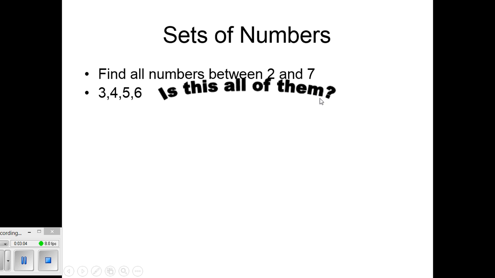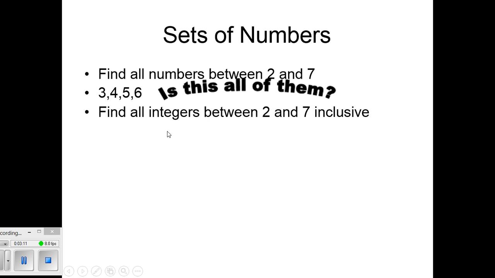Is this all of them? Well, maybe yes, maybe no. The thing is, I didn't specify what set my numbers were coming from. If I now say find all integers between 2 and 7 inclusive, I have these as well as the end points.